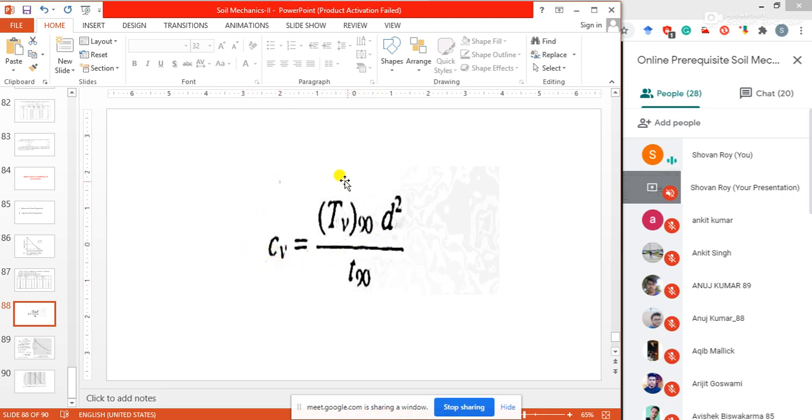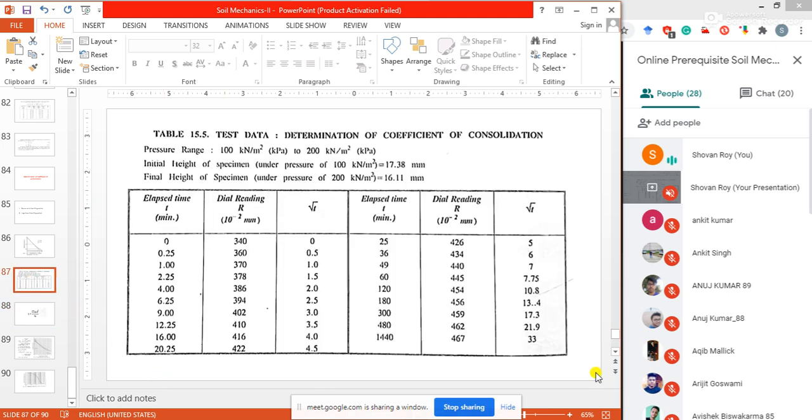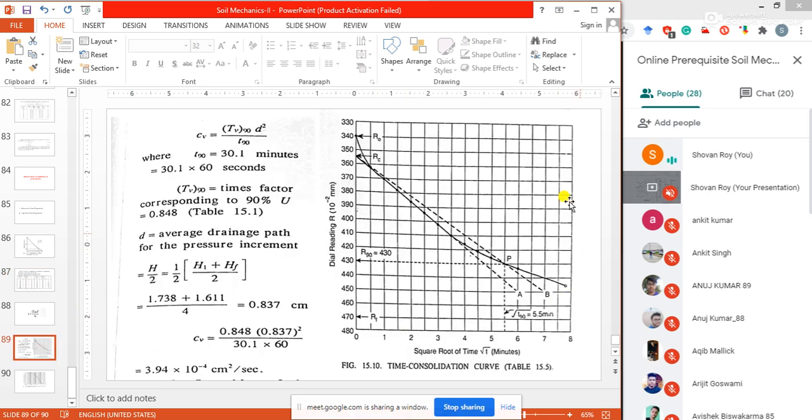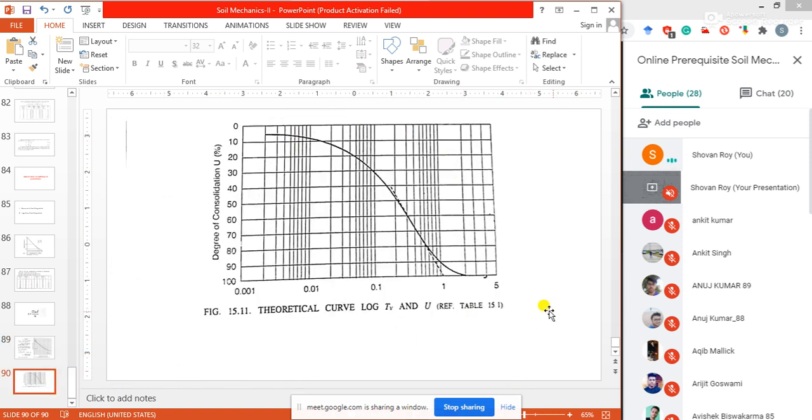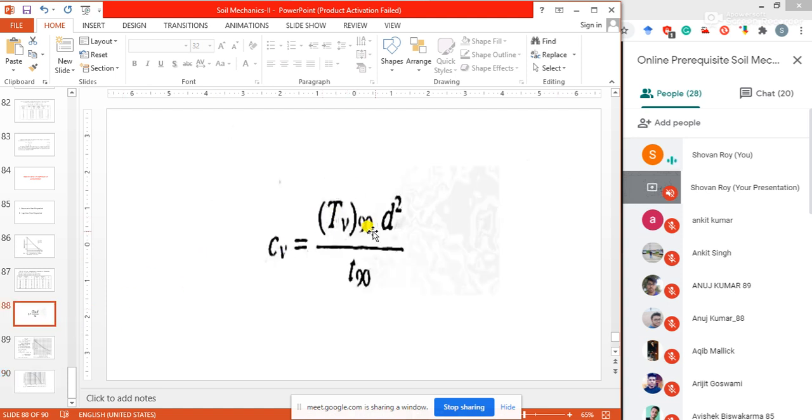For the calculation of the t90 value, we need the laboratory readings. These readings are needed to plot this graph, and from this square root of time fitting graph or from this logarithm graph, we can calculate the t90 value, and when the t90 value is available, then we can calculate the coefficient of consolidation.